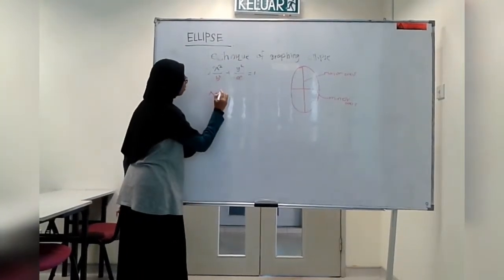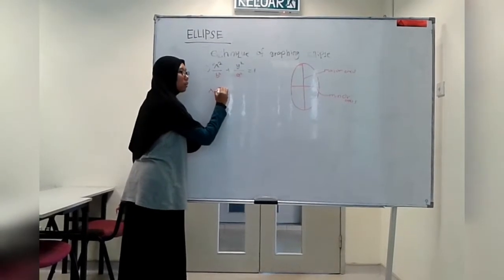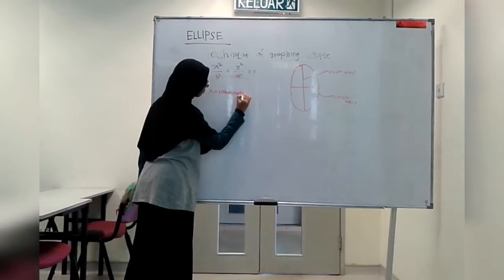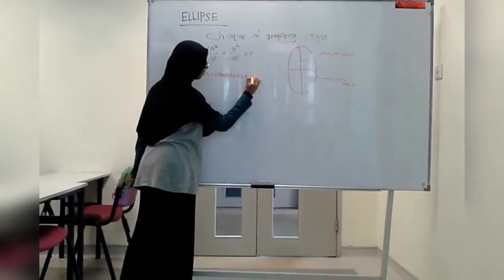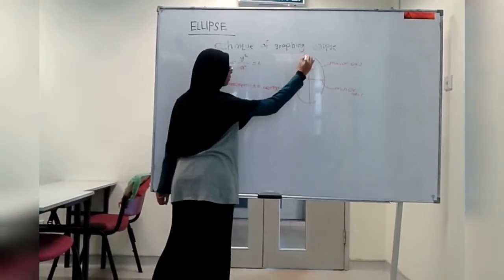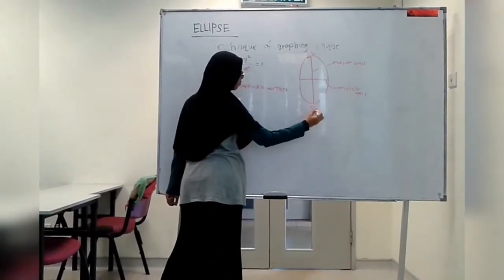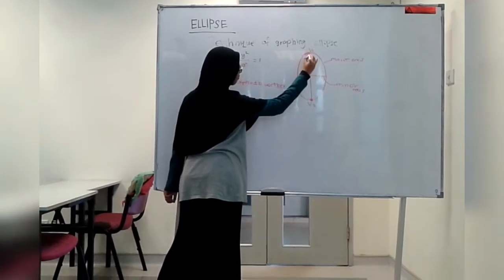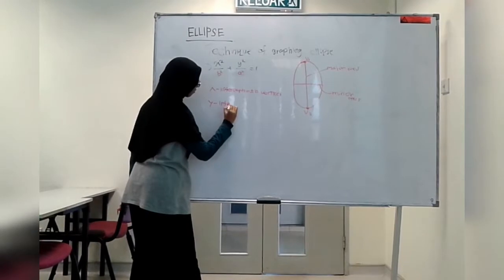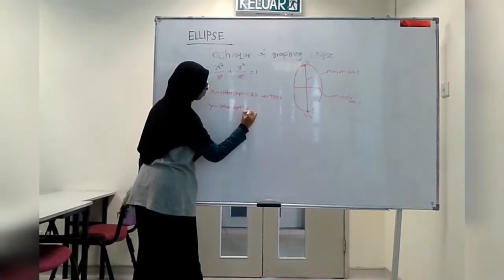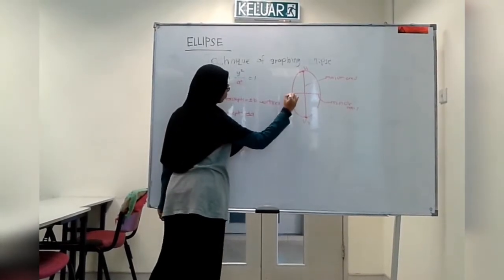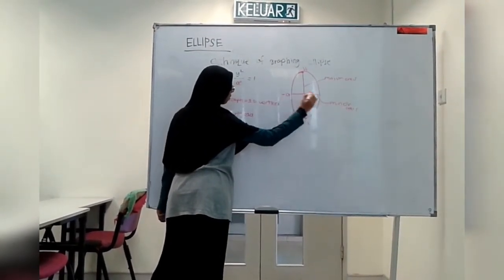This standard form has x-intercepts plus minus b, which are the vertices, vertex 1 and vertex 2. Then the y-intercept is plus minus a, which is here, a and negative a.